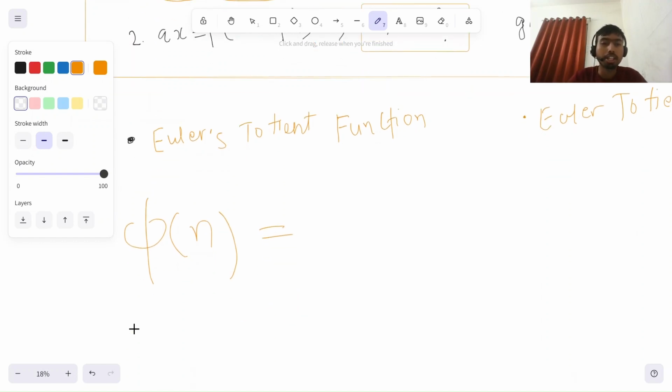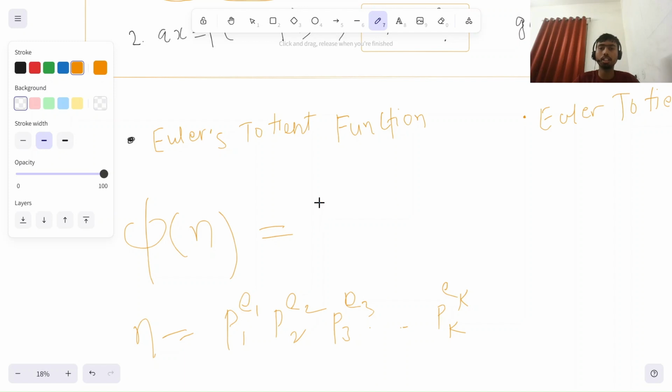Let's first write the value of n in the form of a composite number, which is p1 to the power e1, p2 to the power e2, p3 to the power e3, up to pk to the power ek. Here p1, p2, p3 up to pk is the prime factorization of n, and e1, e2, ek are their powers. So what is the value of phi n?